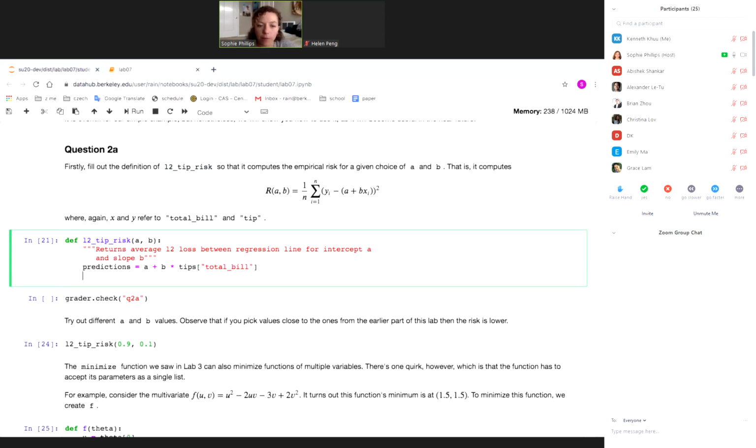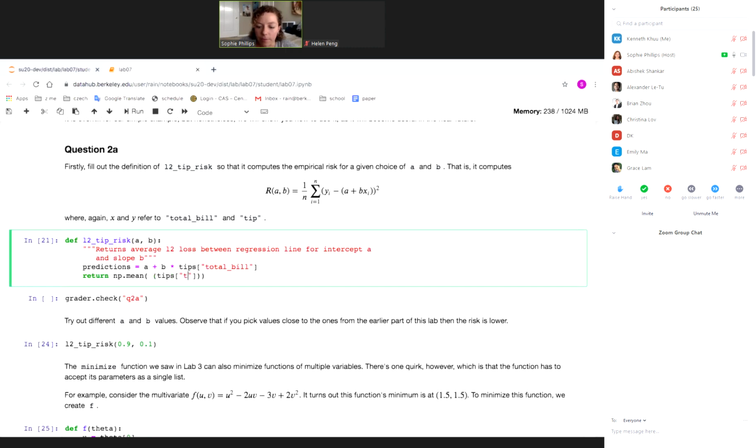And if we want to return the L2 risk, it's the mean squared error, which we can calculate using np.mean on the squared error between the predictions and Y, the tips.